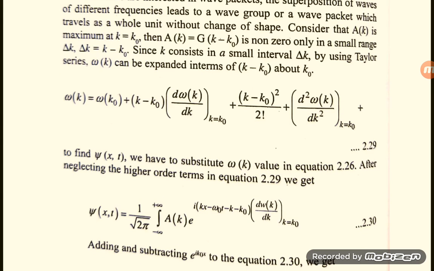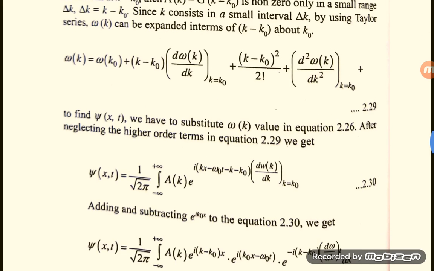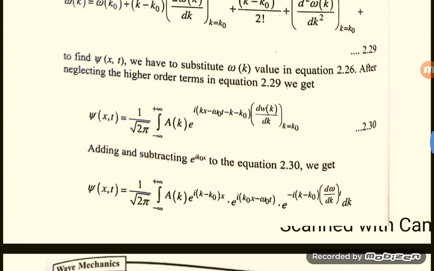To find psi of x,t, we have to substitute the omega k value in the equation. After neglecting the higher order terms in equation 2.29, we get psi of x,t equals 1 by root 2 pi integral from minus infinity to infinity A(k) e power i[kx minus omega naught t minus (k minus k naught) d omega by dk at k equals k naught t].